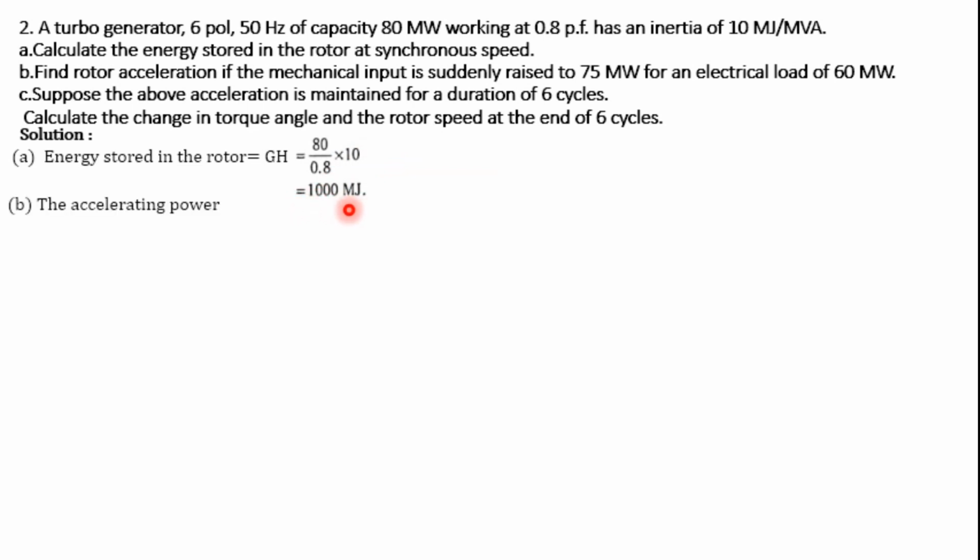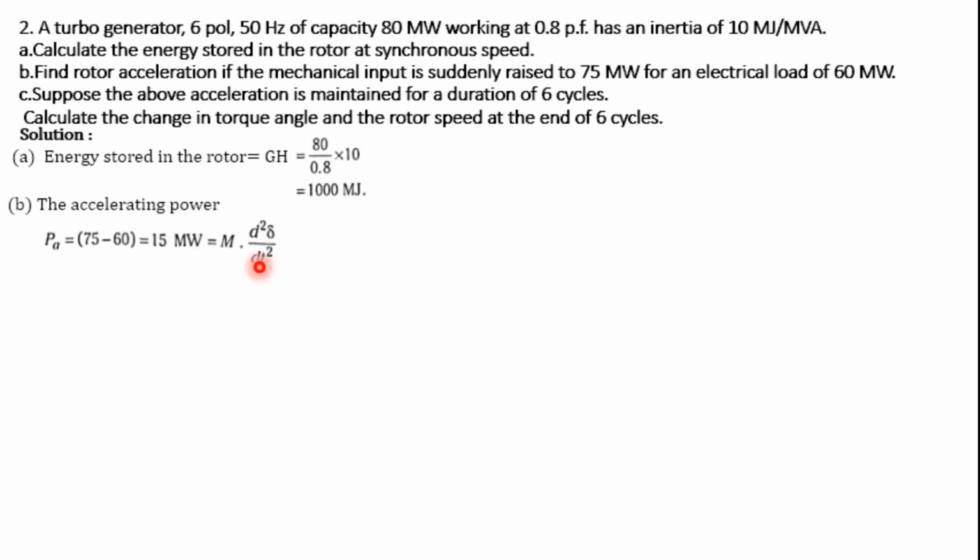The second one is to calculate the accelerating power. We already know that there is a change in the load from 60 megawatt to 75 megawatt. So PA is equal to 75 minus 60, so I'll get 15 megawatt, which is equal to M into d square delta divided by dt square.